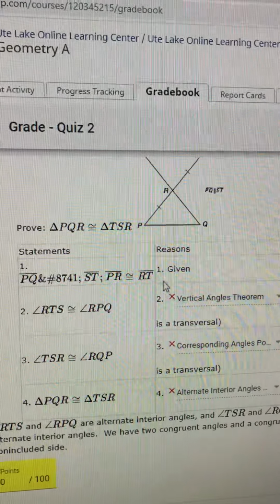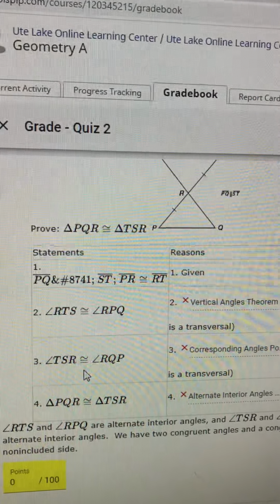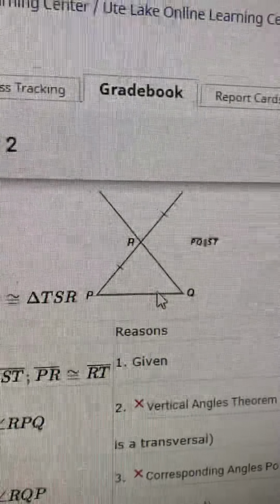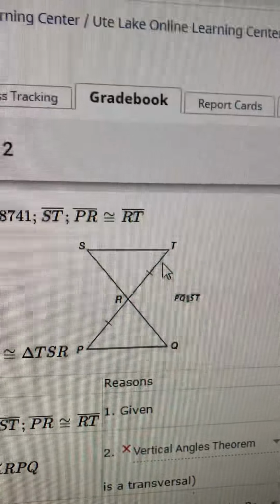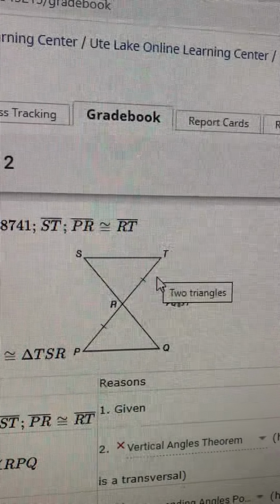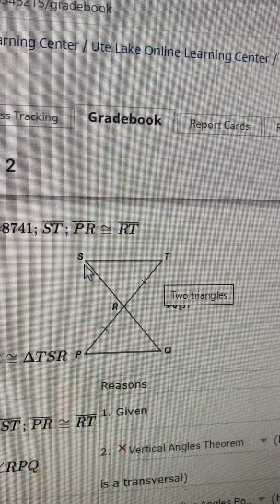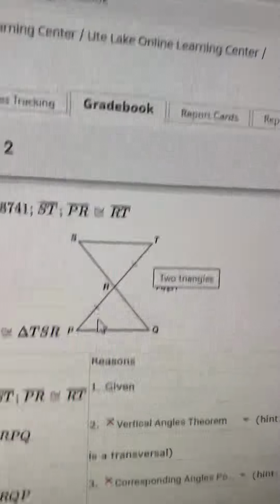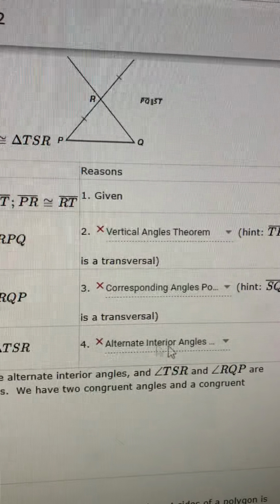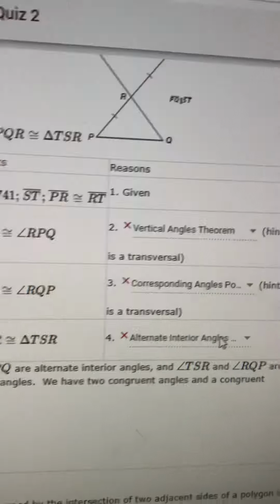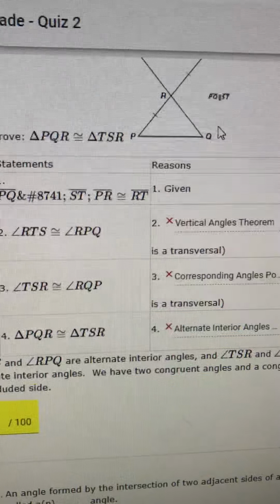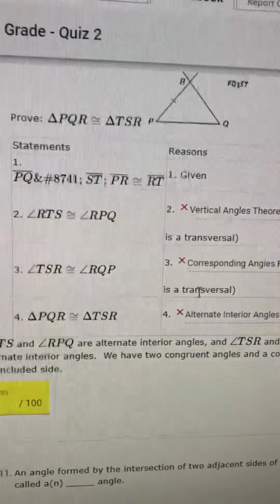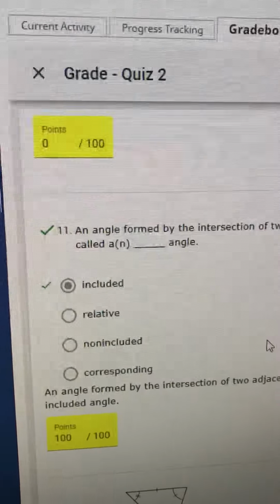Since we talked about these two different angles here, and this side was given, and these two angles are in line, it's angle, angle, side. That's what would have been here. If they had used the vertical angles in this one, then it would have been angle, side, angle. Just FYI. Got that one.